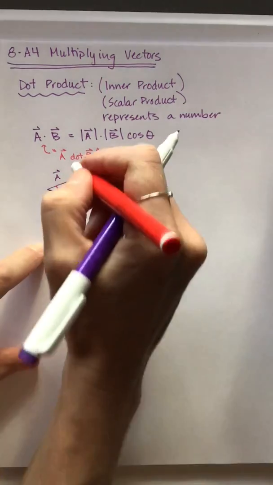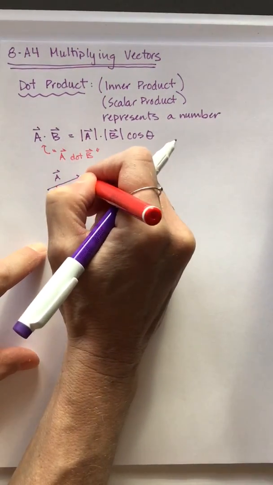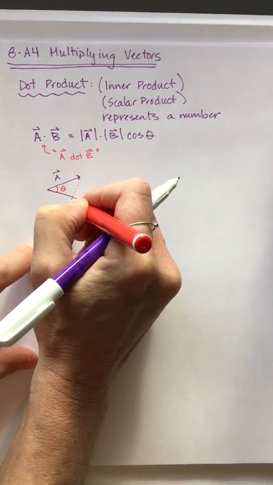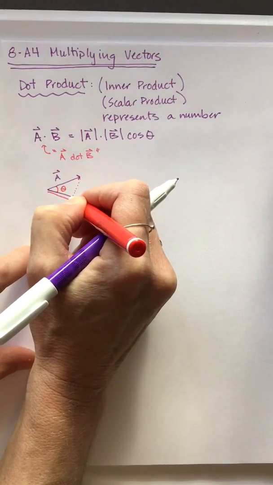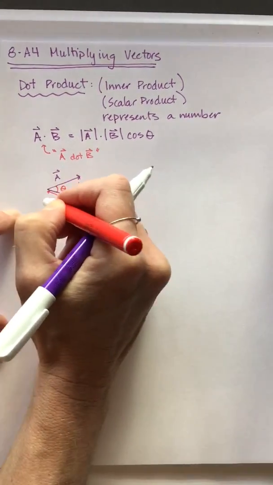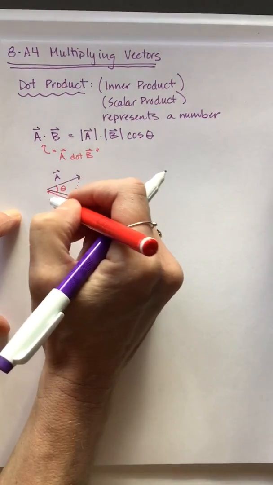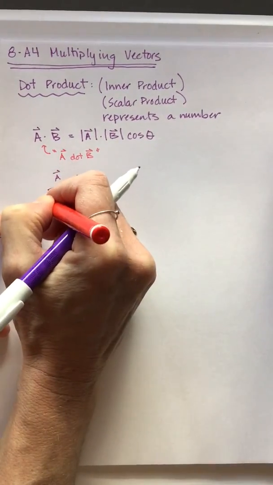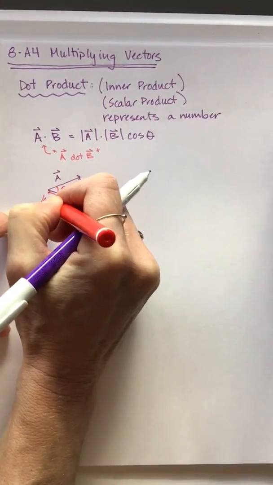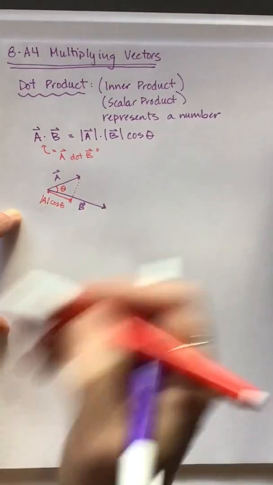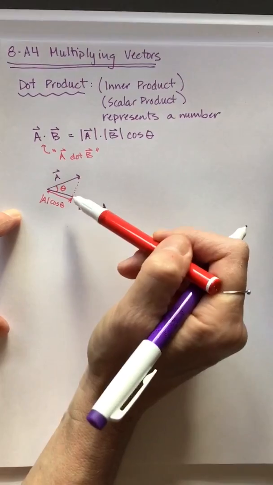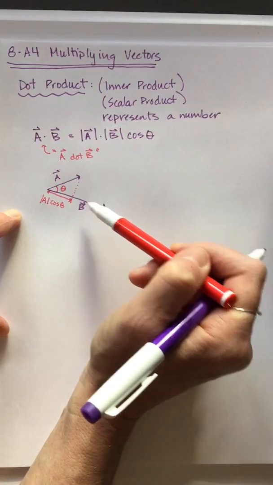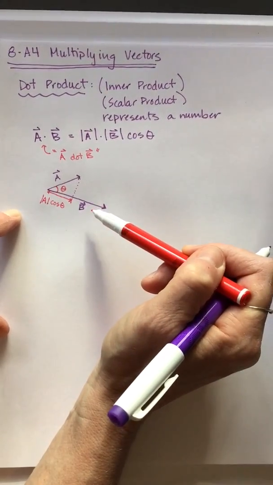You'll notice this distance here, from here to here, is the magnitude of A cosine theta, right? I just drew that right triangle. So they often call this the projection. This is the value of A cosine theta, and then we're going to multiply it by the magnitude of B.